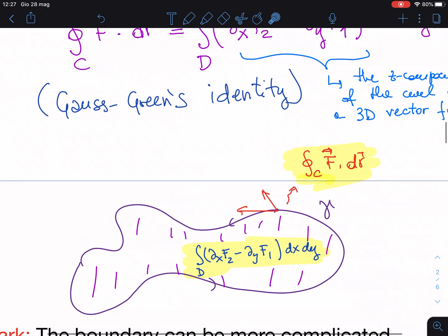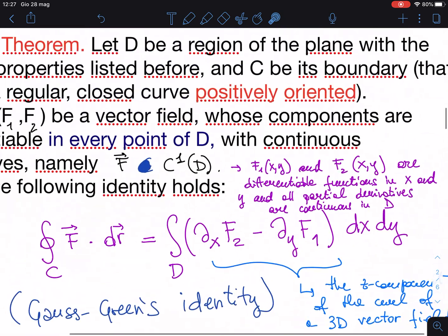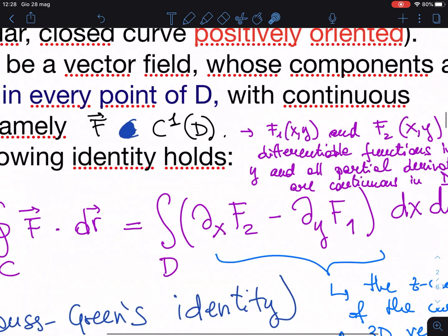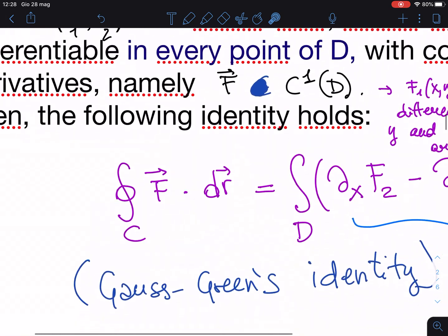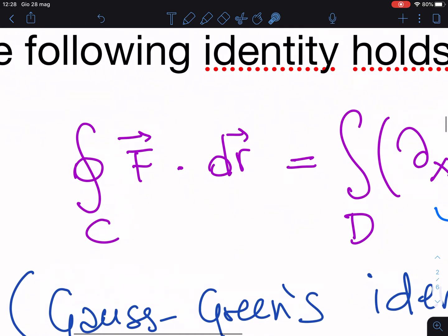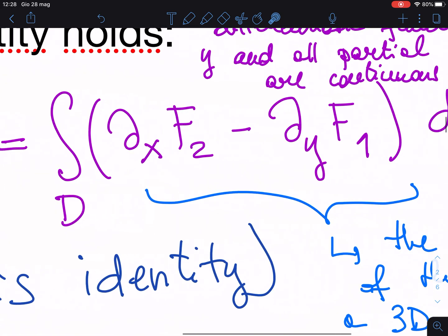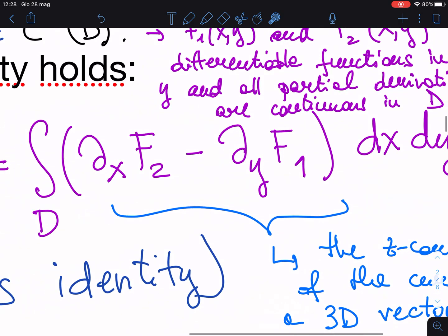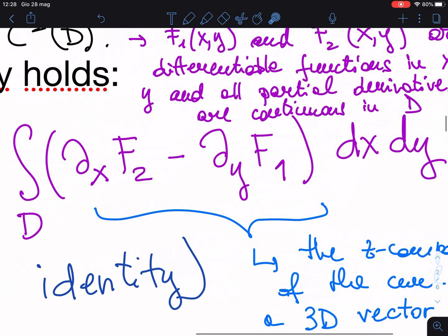Okay, the equality of these two integrals is very significant, because these two integrals apparently have nothing to do with one another. So at the lowest level, you can think of Green's theorem as just a tool to turn a difficult integral into an easier one. Which is the more difficult, which is the easier one?